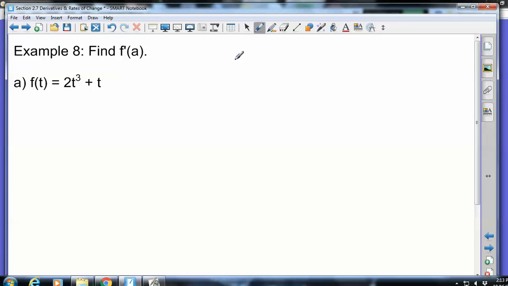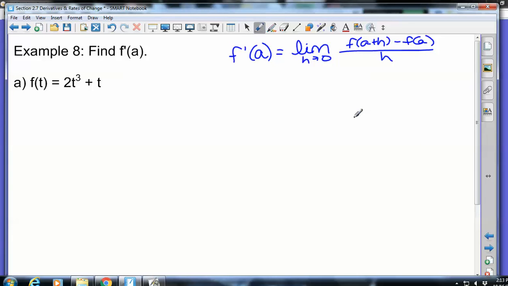So we're just finding f prime of a. Remember, f prime of a, that's just that definition. The limit as h approaches 0, f of a plus h minus f of a all over h. So that's that calculation we're going to be doing. Okay.